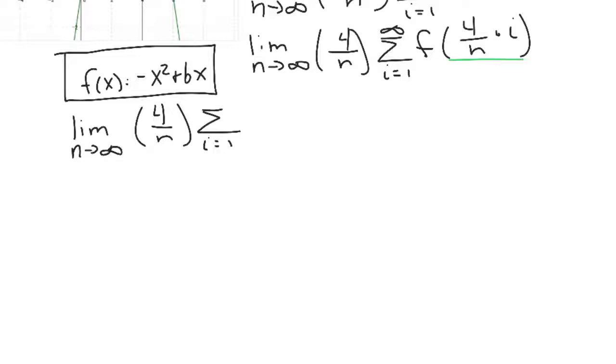You guys gotta catch me when I do this. From i equals 1 to n of, and now I'm going to evaluate f of 4i over n, so that is negative 4i over n quantity squared plus 6 times 4i over n.